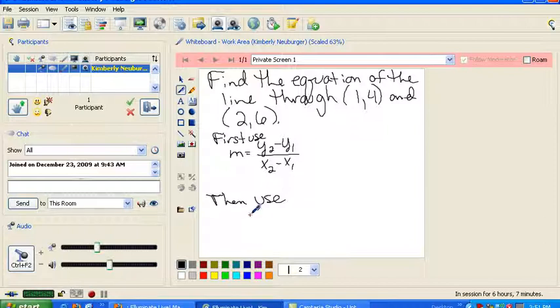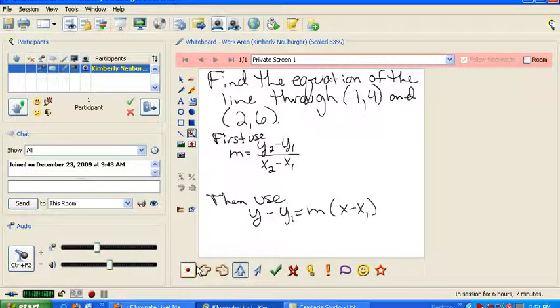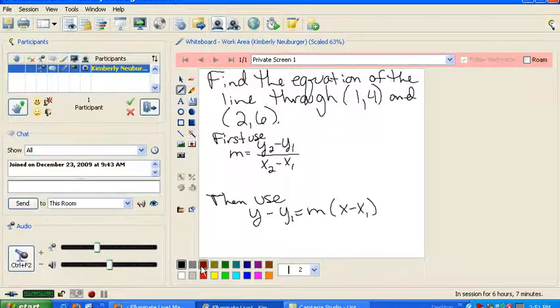And how about if this time we use the other form of it, which is y minus y1 equals m times x minus x1. So you can see both ways used. So let's go ahead and first use our slope formula to get a slope. And we first need to determine which point's going to be the first one, which is going to be the second. So let's label this x1, y1, and this one x2, y2.